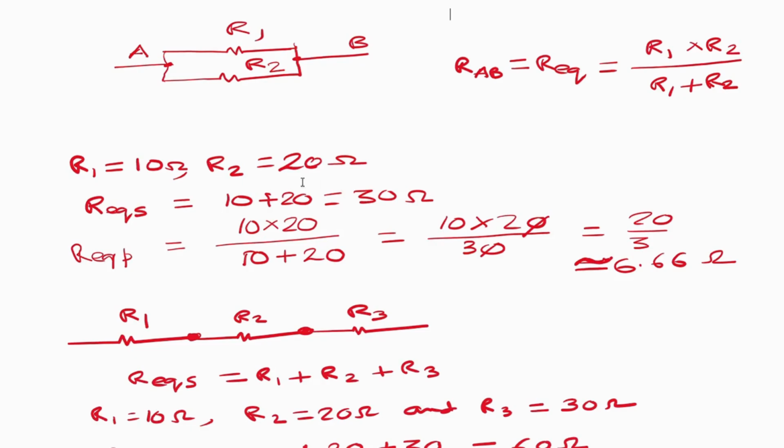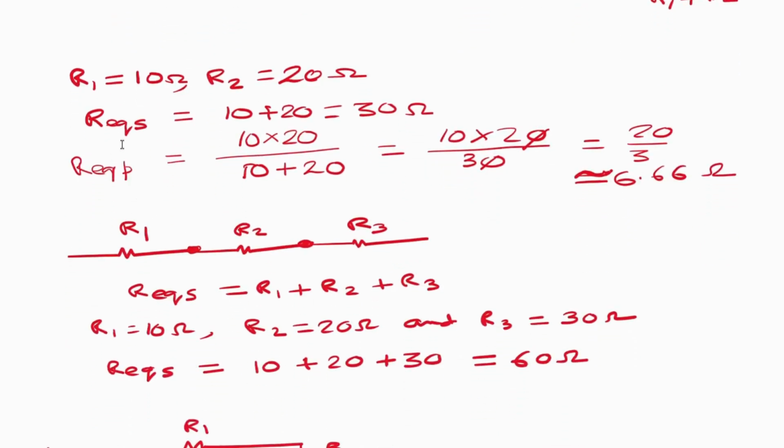So series resistance R equivalent series, R eq S, will be simple addition, 10 plus 20, that means equals 30 ohms. If R1 equals 10 ohms and R2 equals 20 ohms, the total R equivalent in series, R eq S, S for series, is 30 ohms.